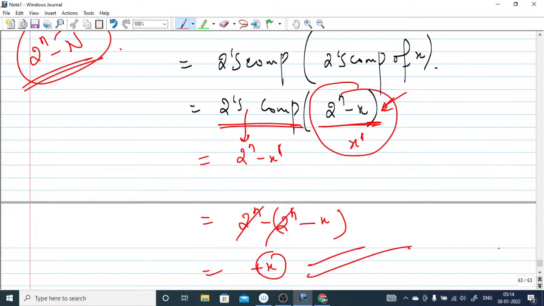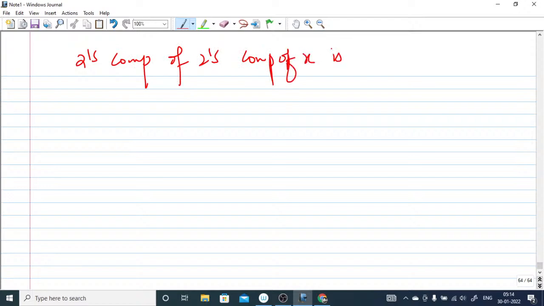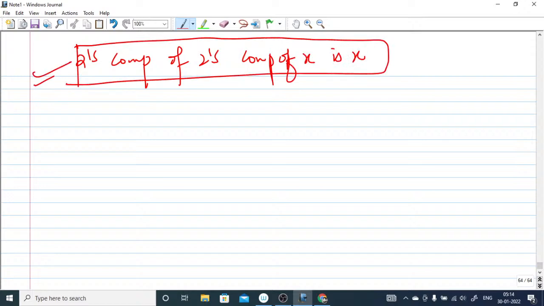So this is proven: if you take the 2's complement of anything twice, you will get the number itself. The 2's complement of the 2's complement of x is x. Very good statement for the examination's sake.